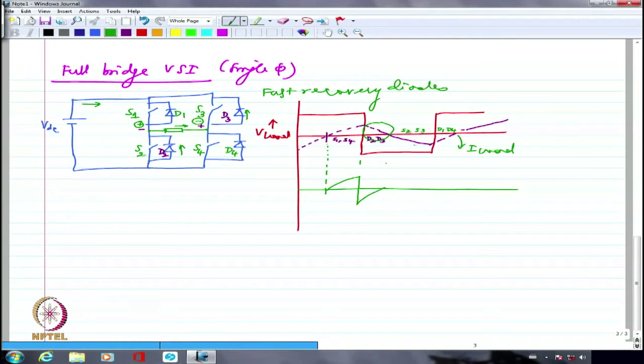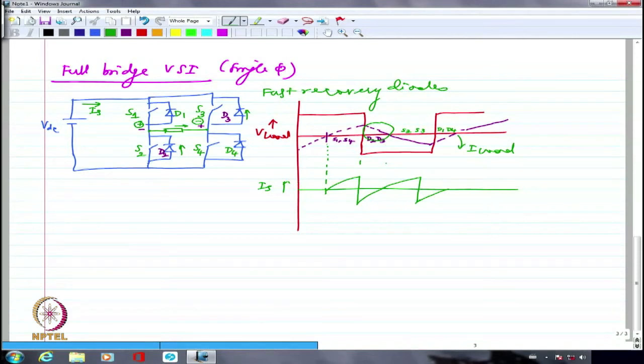And again, when S2 and S3 are conducting, I'm going to have the current going like this. And again, I'm going to have the current being fed back to the supply whenever I have the diodes conducting. So this will be the supply current. If I call this IS, the waveform is going to be somewhat like this.